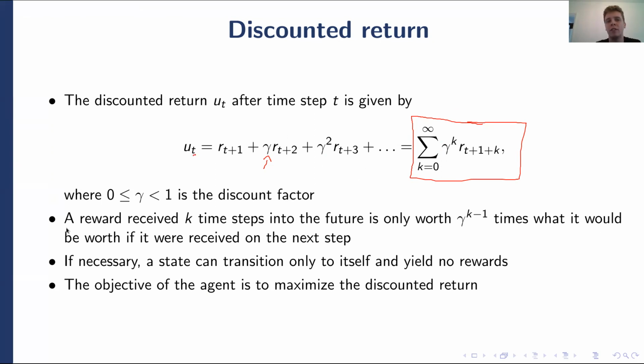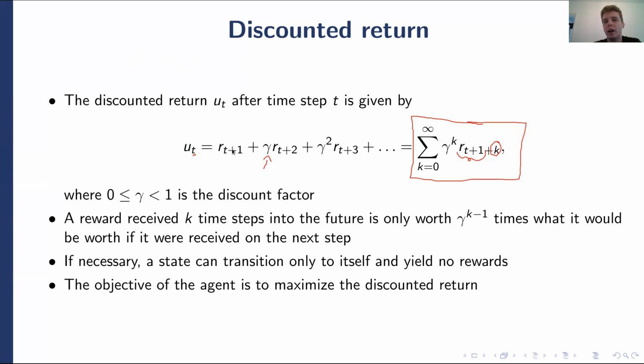The interpretation is this: a reward received k time steps into the future, so k time steps after time step t plus 1, is only worth gamma to the k minus 1 times what it would be worth if it were received on the next time step.